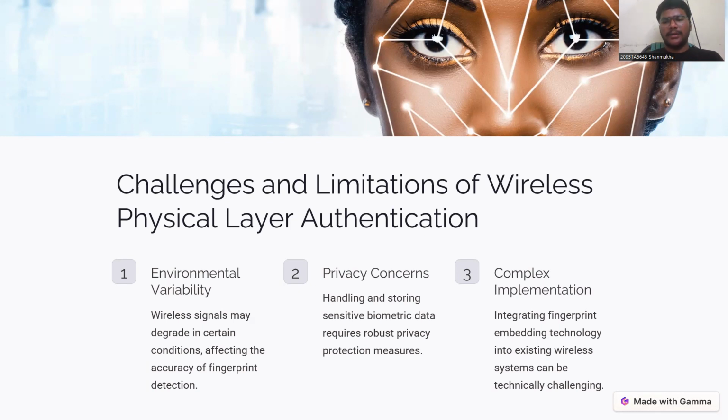Integrating fingerprint embedding technology into existing wireless systems can be technically challenging. First, we collect all the fingerprints, then analyze the features of each separate fingerprint, convert them into wireless signals and store them in the database.